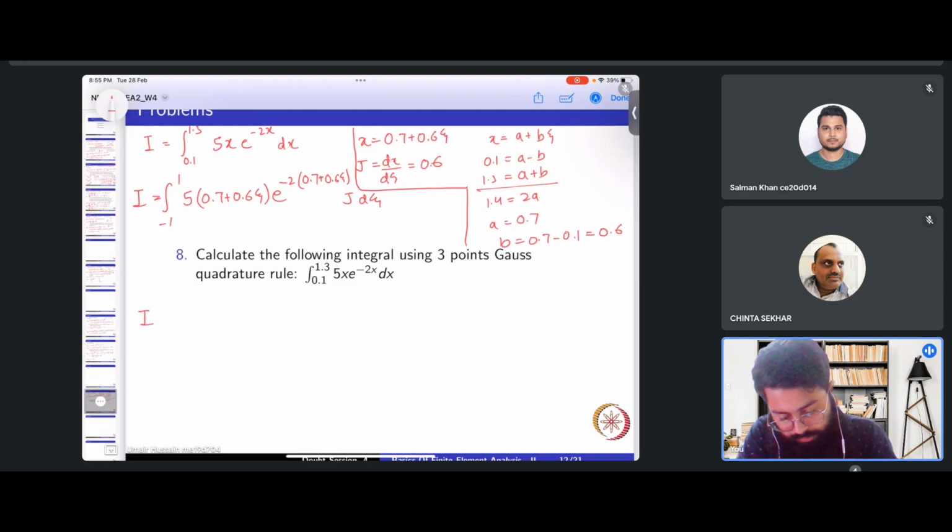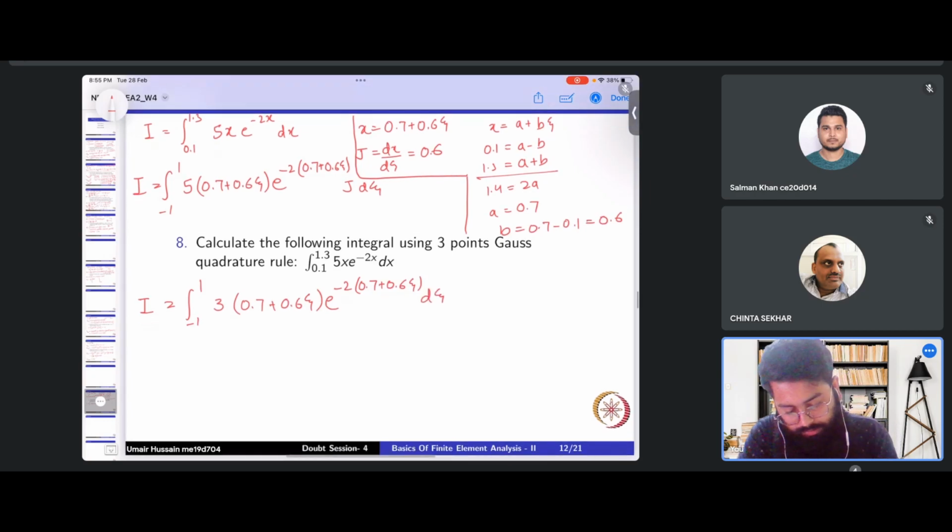So I is 5 into 0.6, which is 3, so 3 times (0.7 plus 0.6 zeta) e to the power minus 2 (0.7 plus 0.6 zeta) d zeta.